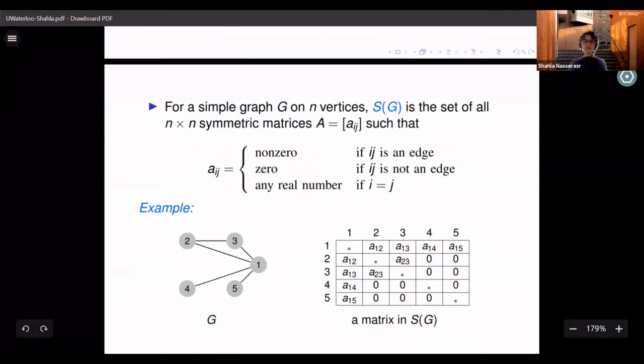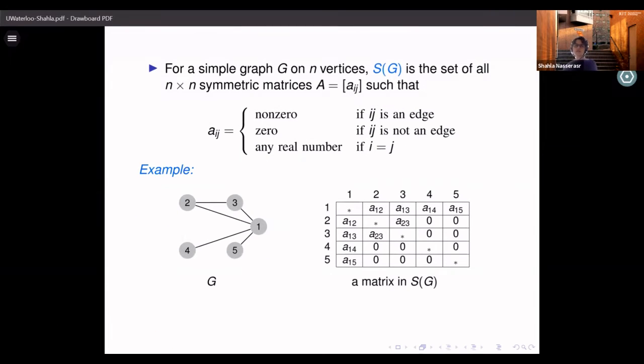So here we are going to consider simple graphs, which means we have no loops and no multiple edges. And for any such graph, we consider the set of symmetric matrices of the size of the number of vertices of the graph, so that their zero-nonzero pattern shows the non-edges and edges of the graph. In other words, the ij entry is nonzero if and only if there's an edge from vertex i to vertex j.